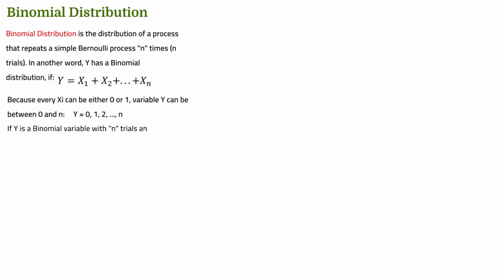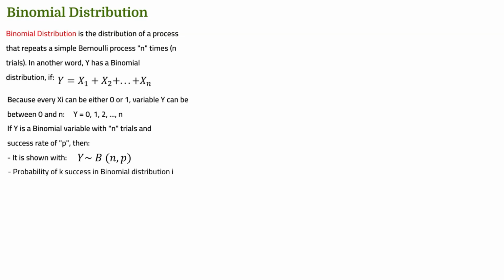If y is a binomial variable with n trials and success rate of p, then it is shown as y is binomial n and p. The probability of k successes in a binomial distribution, probability of y equal to k, is the combination of n and k times p power k times 1 minus p power n minus k.